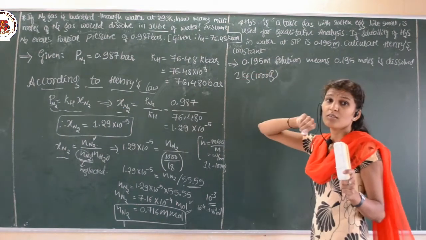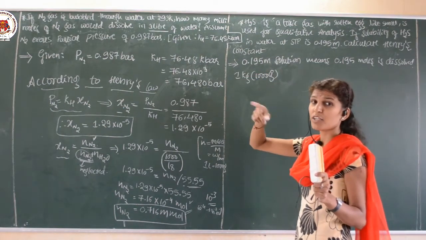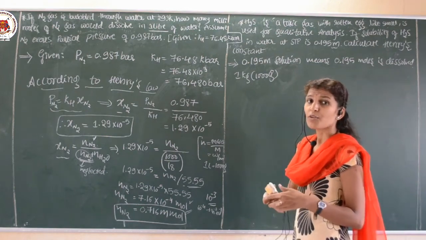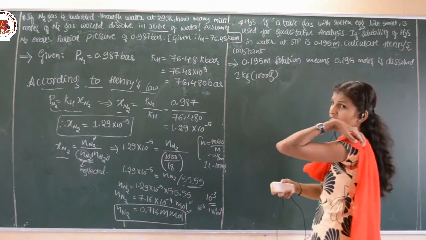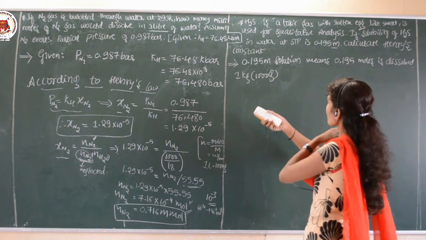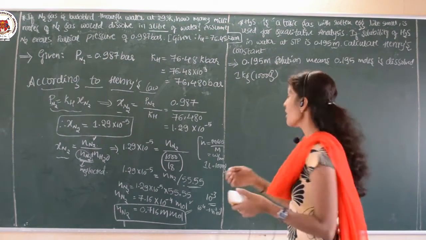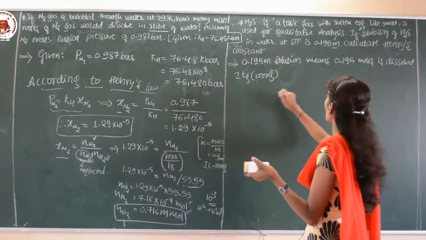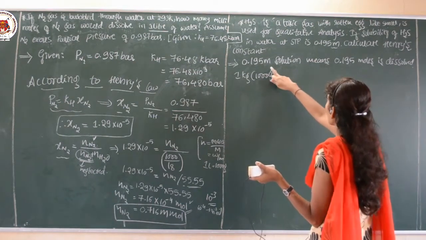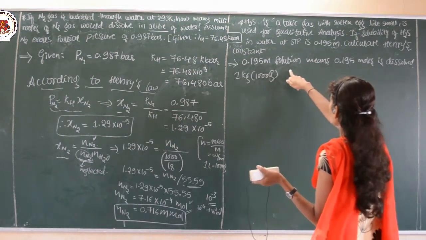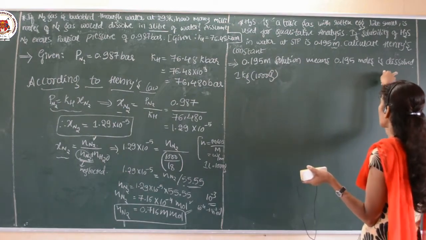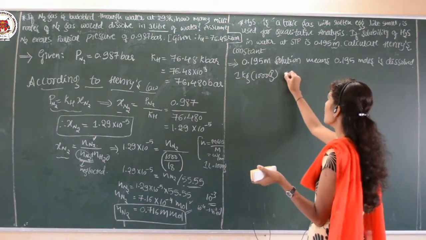Why kg? Because it is molality. If it is molarity, you are not going to take it in terms of kg. Okay. So, as it is a molal solution, we are going to take that in terms of kg. So, 1 kg is nothing but 1000 gram. 0.195 molal solution means 0.195 moles is dissolved in 1 kg of the water.